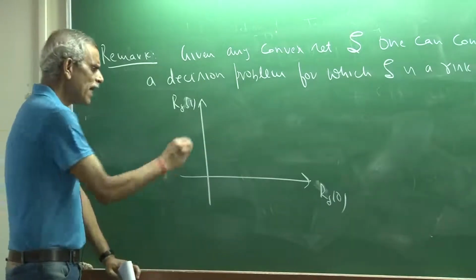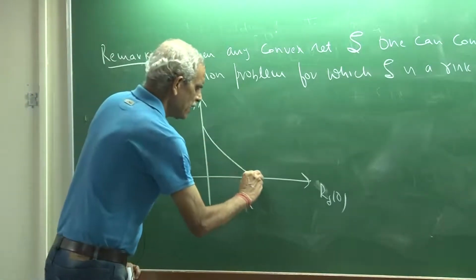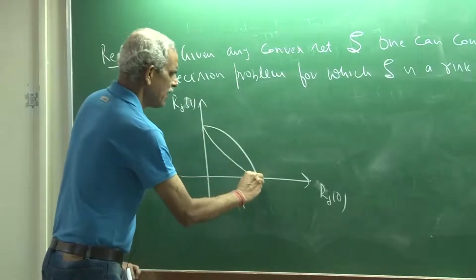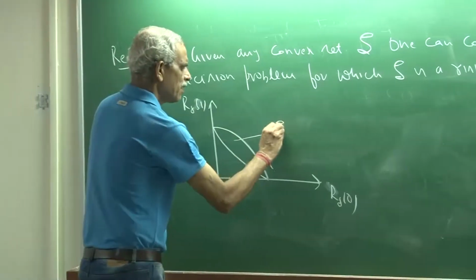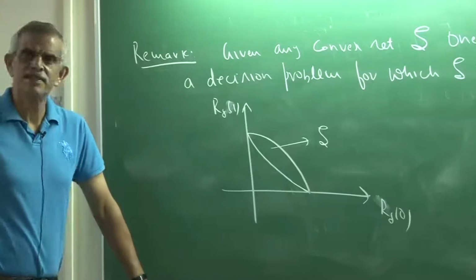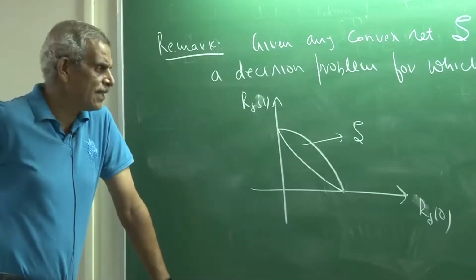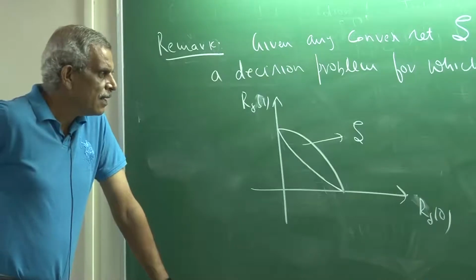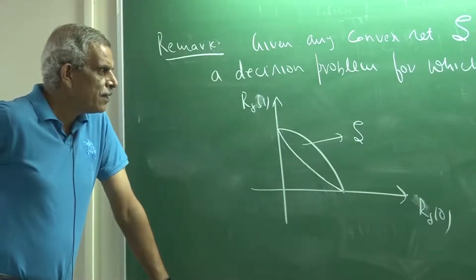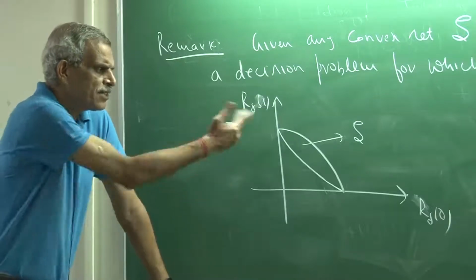So if I look at any convex set over here, let us say a set of this kind, this is a convex set. Any 2 points, if you look at the line segment joining them, is inside the set. So this can be considered as a risk set.